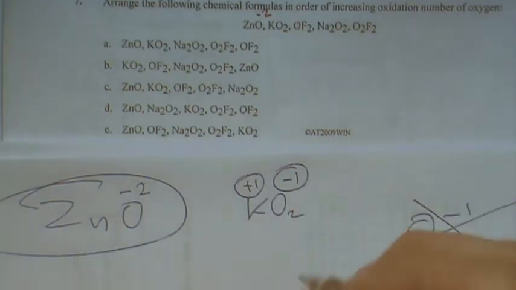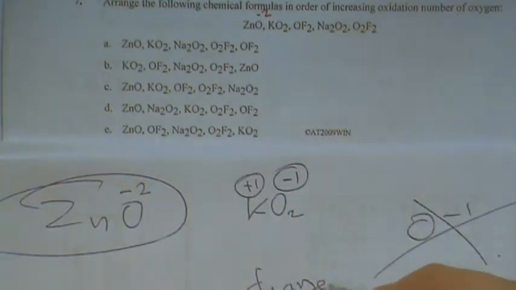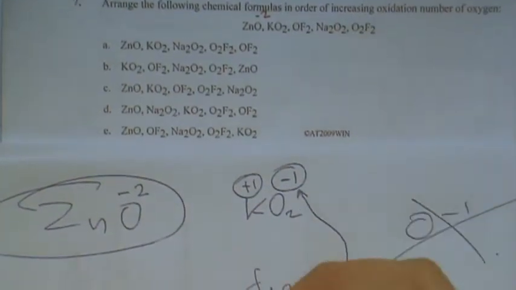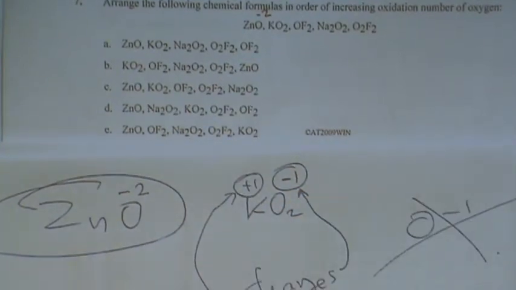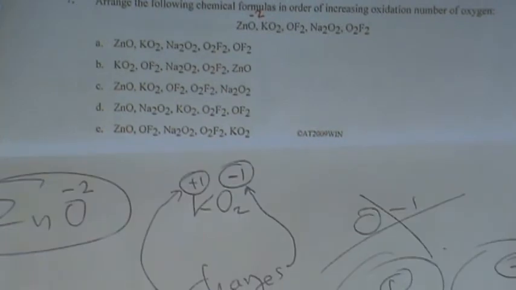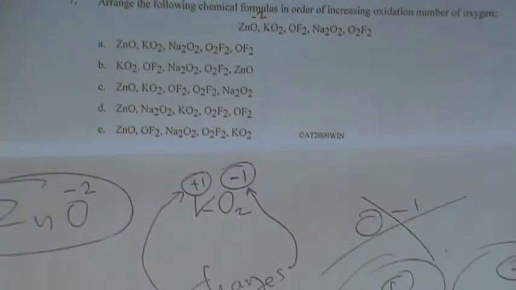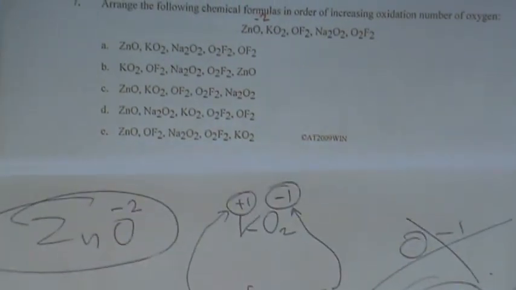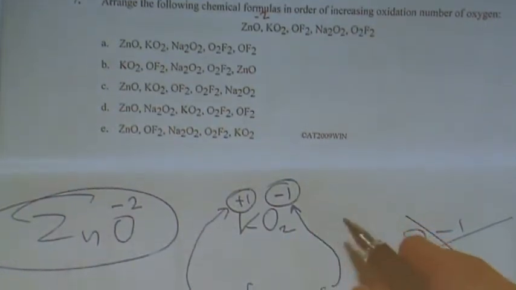So these 2 are charges, right? Look, charges. This and that, they're charges. Potassium plus 1, O2 minus 1. Here is 1, here is the other. These are the charges of these ions. But we want the oxidation number. So what's the oxidation number of oxygen? It will be a number x times 2 will give you minus 1.